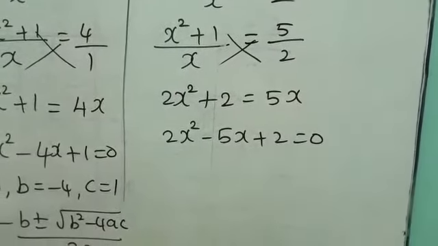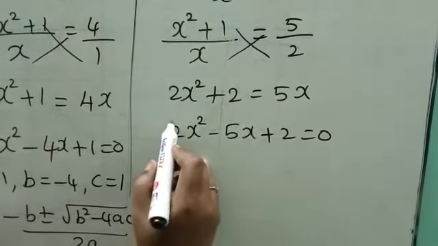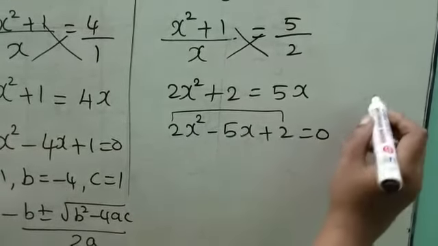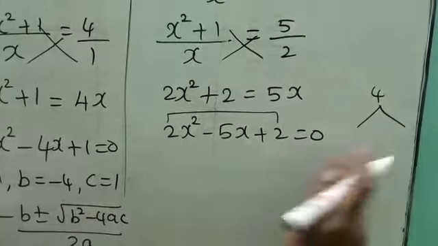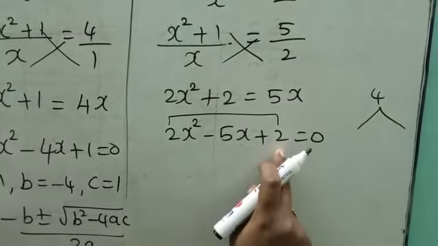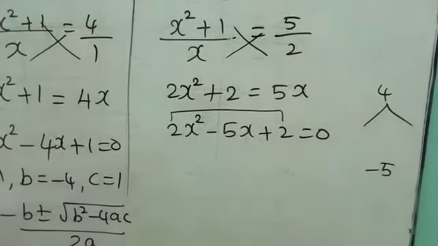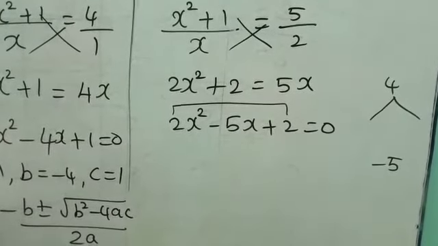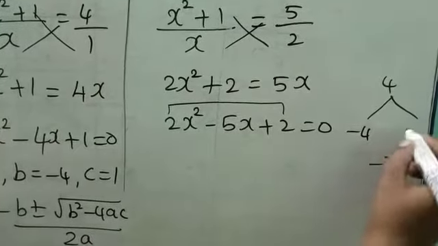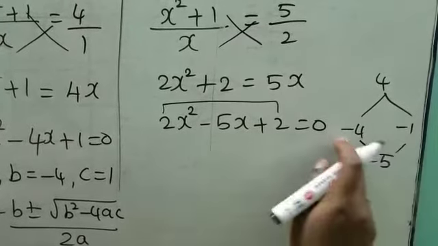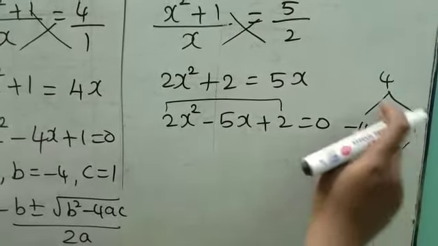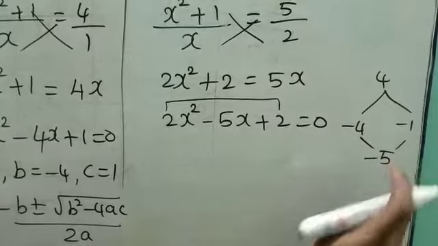We can factorize by the factorization method. Same method: multiply 2 into 2, that is 4. When you multiply the two terms, you should get 4. Adding them, you will get minus 5. What are the numbers? Minus 4 and minus 1. Multiplying minus 4 into minus 1, you get plus 4. Minus 4 minus 1, minus 5.